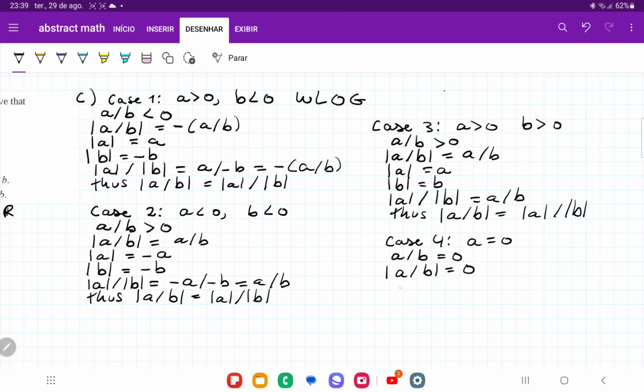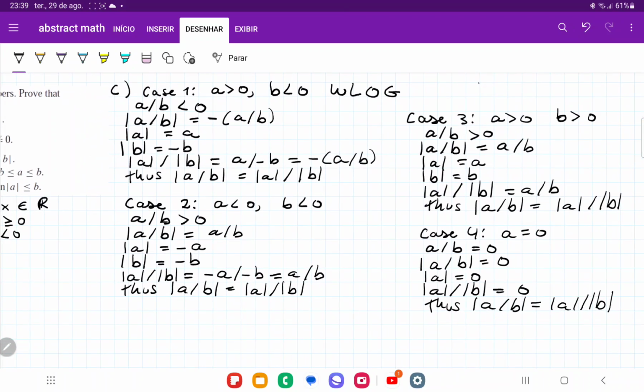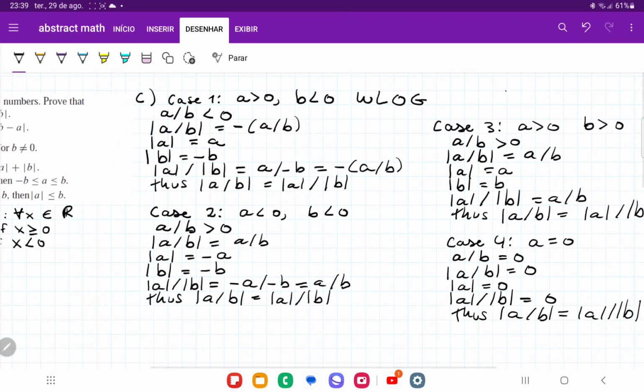Then the absolute value of A is 0, so the absolute value of A divided by the absolute value of B is also going to be 0. And so in this case, it is very obvious that this absolute value is equal to that. And so we have shown that it is true for all cases. Okay, so that was item C.